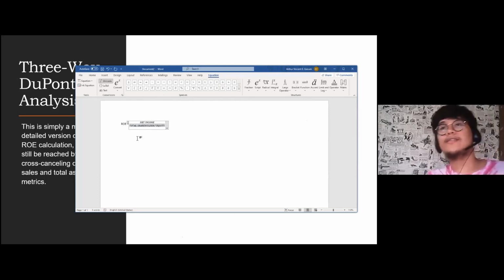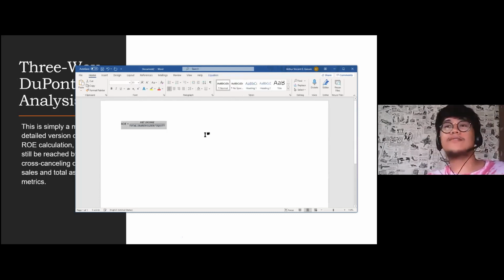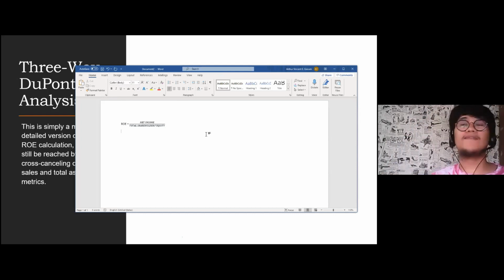Okay. Tama? Okay, so sabi ng Dupont Corporation, nakita kasi nila na yung ROE nila ay mataas, pero upon checking the financial statements, may mga fluctuations, no? May mga fluctuations sa loob ng financial statements.